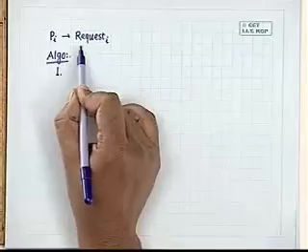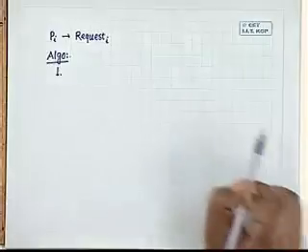Another condition that has to be checked is whether this request vector contradicts the maximum requirement that has been declared by the process. If it contradicts that, then this request cannot be honored. So first we'll see whether this request is a valid request.